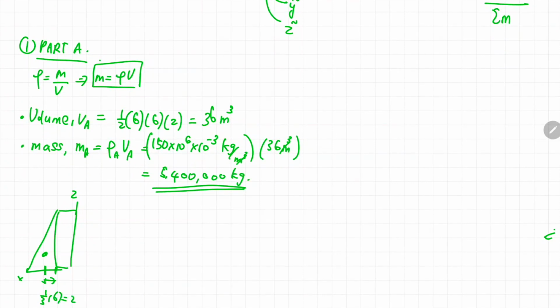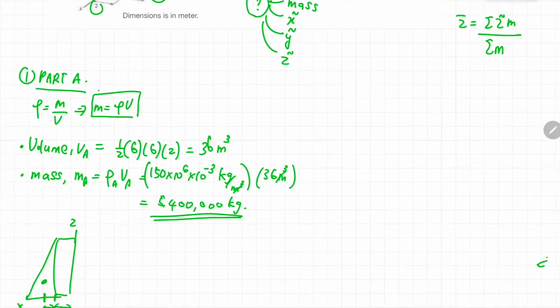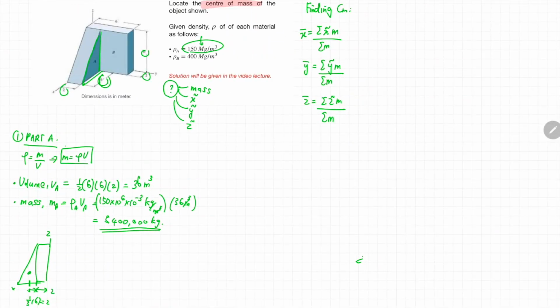Don't forget the length coming from block B is another 2 meter. Therefore, the centroid location along the x direction, the x curve, would be 2 plus 2, so the coordinate of the centroid for block A would be 4 meter.